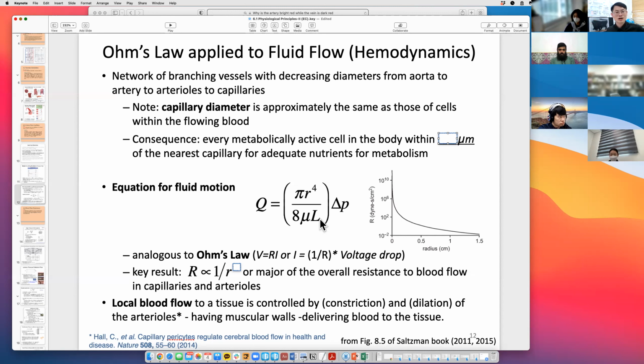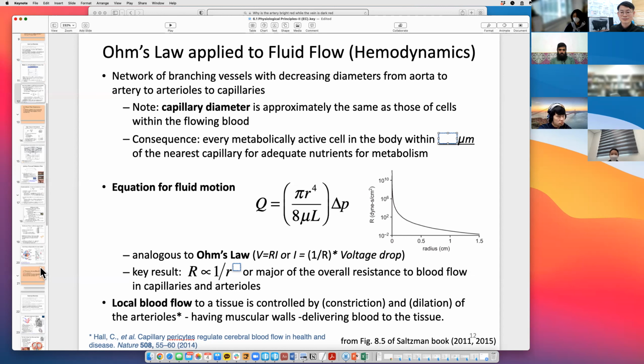Then you can proudly say, "That resistance is related to 1 over r to the, let me see, Janice? R to the 4th. Yeah, 1 over r to the 4th. So if you have a half of the blood vessel narrowing, you have 16 times higher resistance."